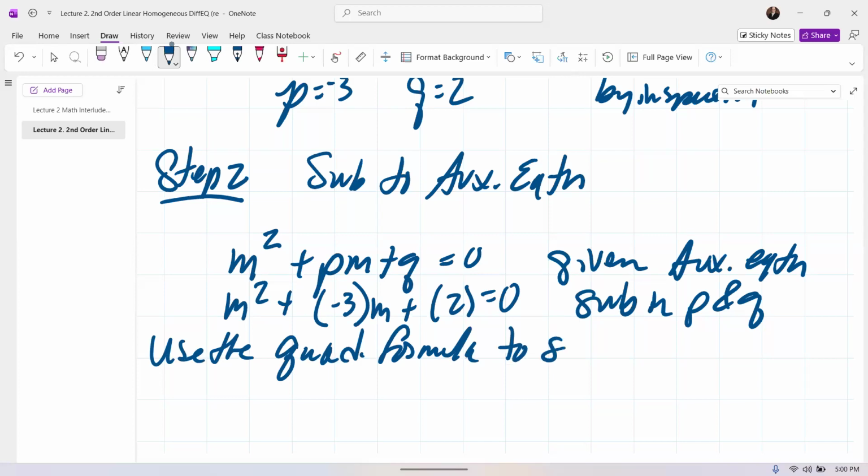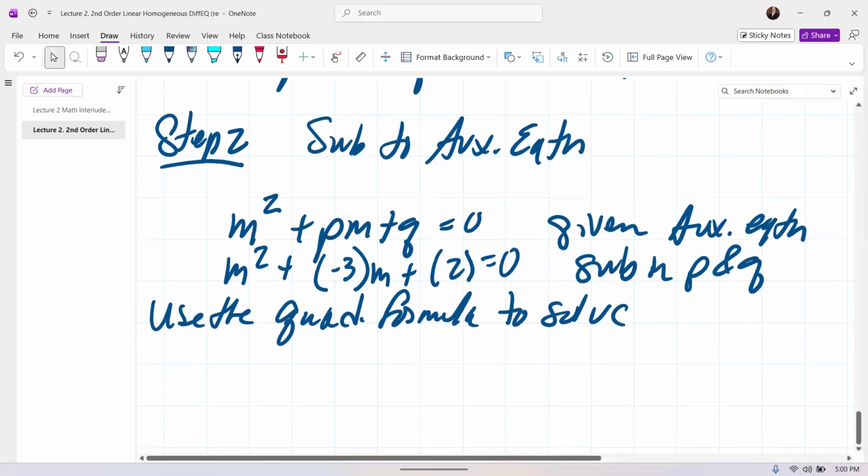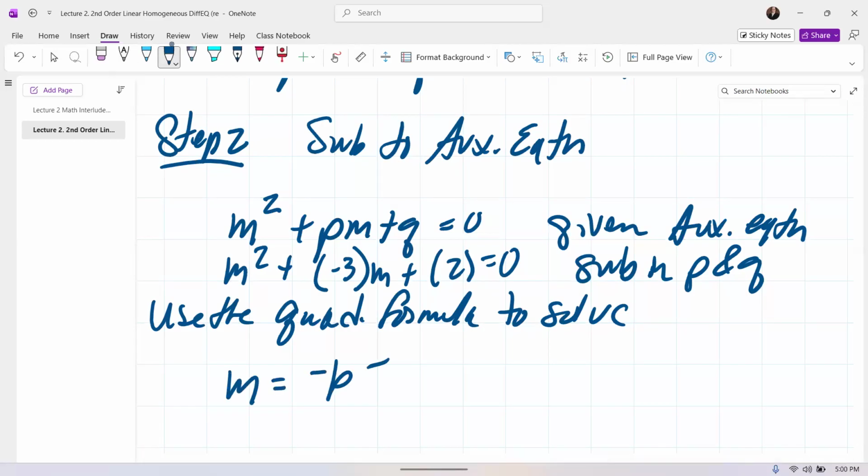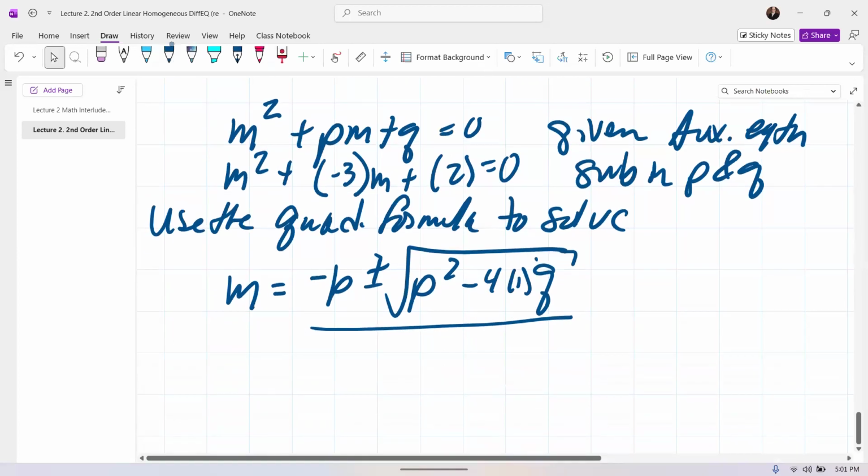To solve, right? So we have the general form, which is plus or minus the square root of b squared minus 4ac, all over 2a. But we had our specific form. So we're going to use this: m equals -p plus or minus square root of p squared minus 4 times 1 times q, all over 2.